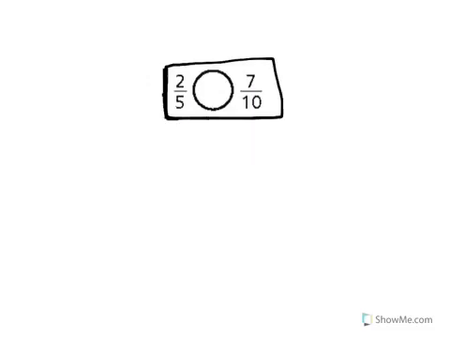Let's try one more. Here we have 2/5 and 7/10. So we have 5 as a denominator and 10. So this one, if you know your multiples and factors, it's a lot easier. So if I count by 5s, I know 5, 10.